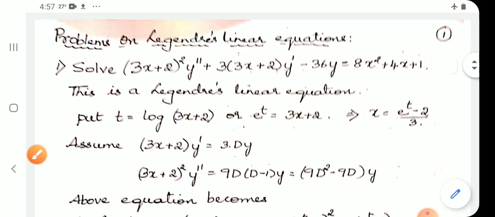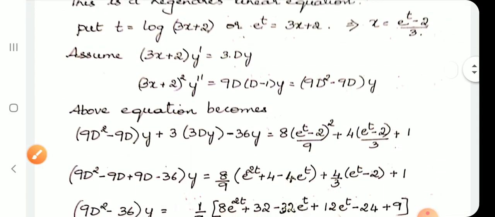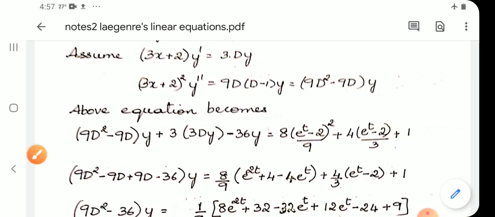We want the value of x². The value of x is (e^t − 2)/3, so x² becomes ((e^t − 2)/3)². So 8x² becomes 8(e^t − 2)²/9, plus 4x becomes 4(e^t − 2)/3, plus 1.